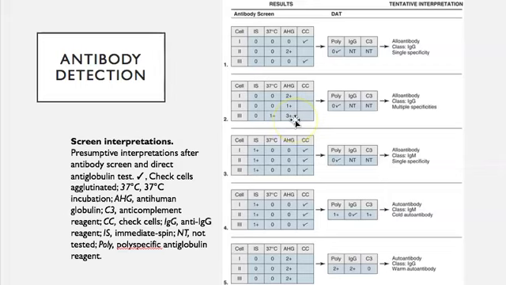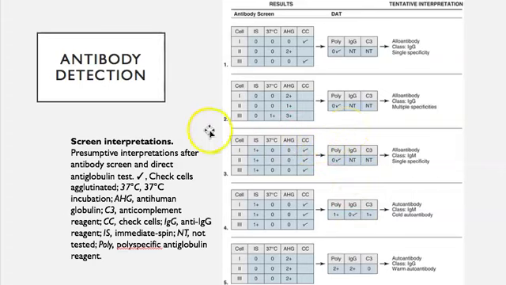That's where you have to know those antibody reactivity characteristics: which antibodies react at 37 but might have a stronger reaction at AHG, and which antibodies react only at AHG. And you know it's an alloantibody because the DAT is negative.